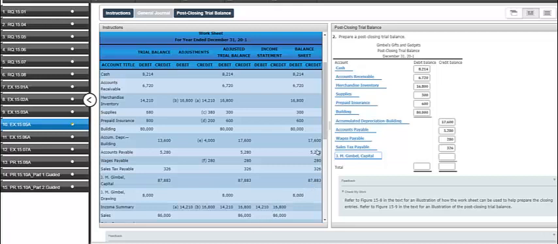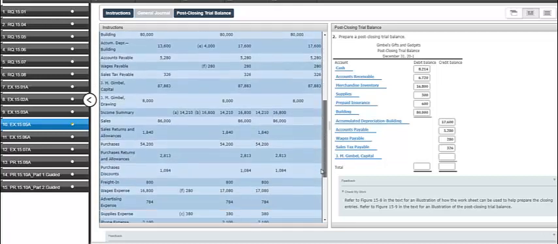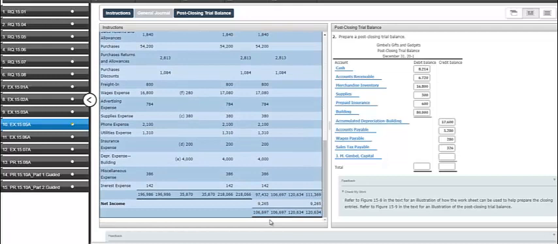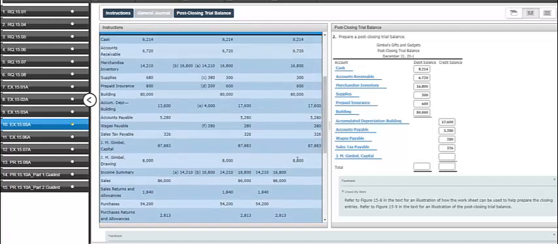We're going to add the net income figure to it of $92.65, and then we're going to subtract the drawing amount, which will give us a balance in capital of $89,148.